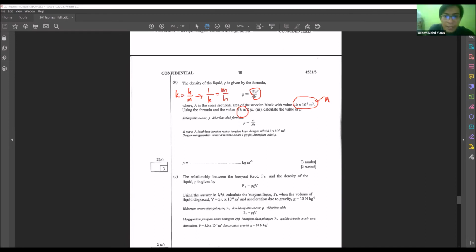So now we just need to plug that into the rho. So rho equals m over a h, equals 1 over a times m over h. So I factorize 1 over a out and am left with m over h. And then we know that m over h is actually 1 over k.